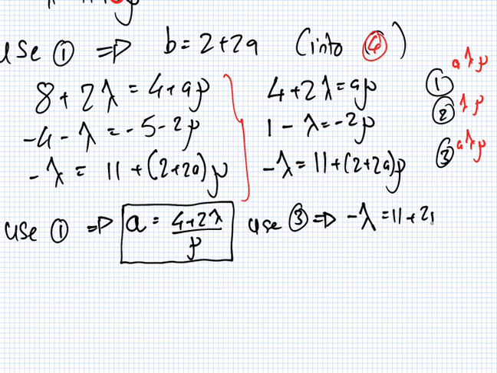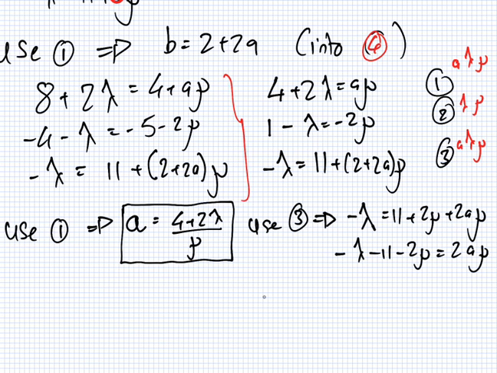So I get minus lambda equals 11 plus 2 mu plus 2A mu. So that means I get minus lambda minus 11 minus 2 mu equals 2A mu.